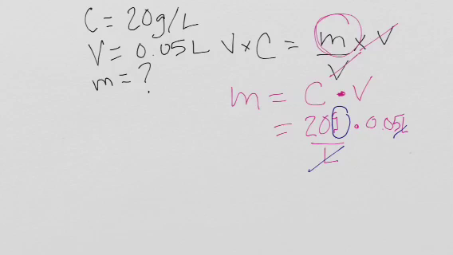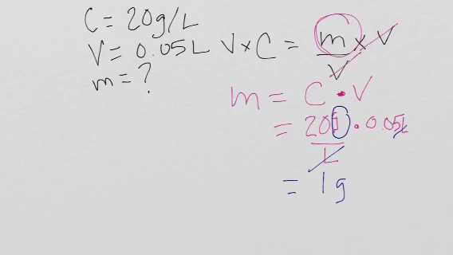That's why I really want you to learn how to rearrange these equations and put your units in, because your units are a good proof that you've done the equation properly. If you're left with the g, which is grams, that's the unit for mass. That means you've done it properly. So, if we work this out, can somebody figure this out? This ends up being 1 gram.